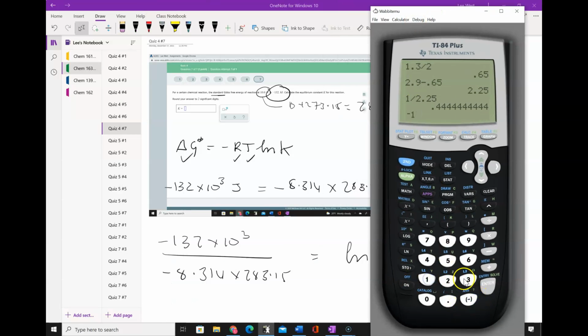Minus 132 second function EE 3 divide parentheses minus 8.314 times 283.15 close parentheses, and there we go, 56.07.